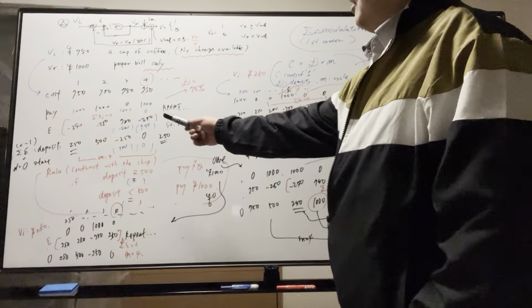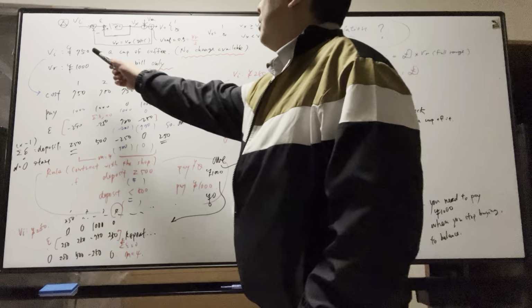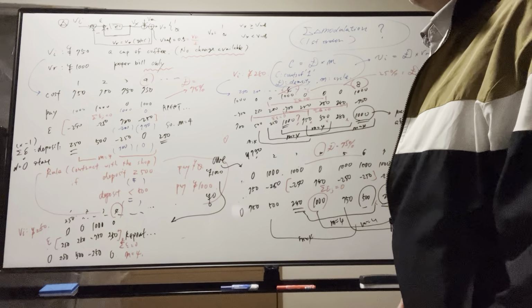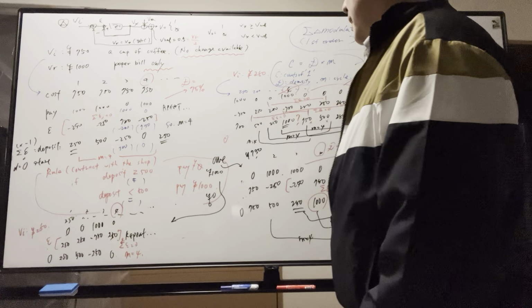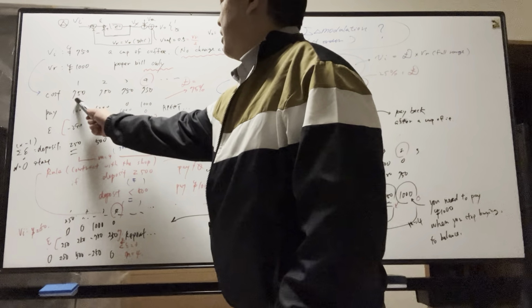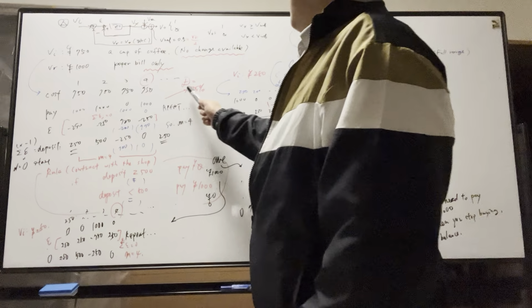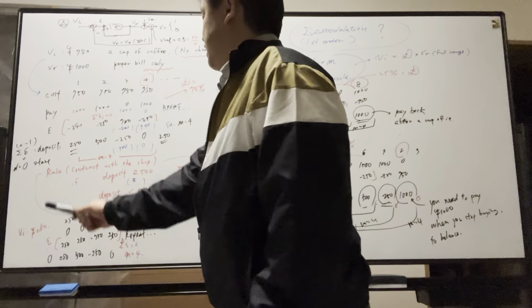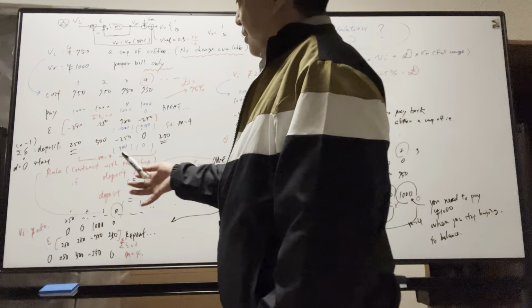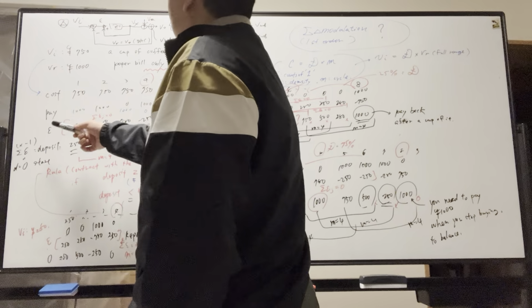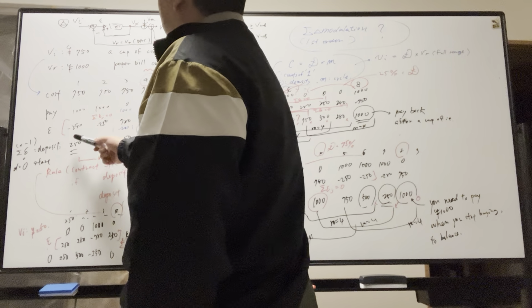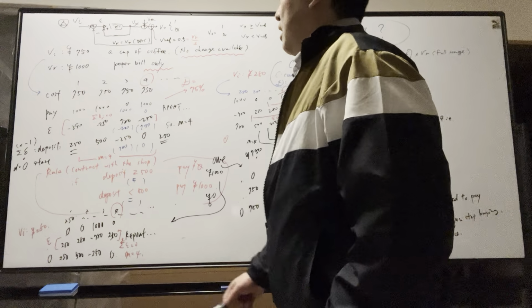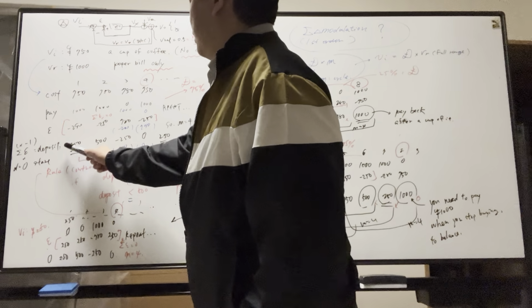So in this case, especially with 750 yen for a cup of coffee, the cost every time is 750. At first you deposit zero with the shop, so you pay 1,000 yen, and cost minus pay equals minus 250, so you get a deposit with the shop of 250.